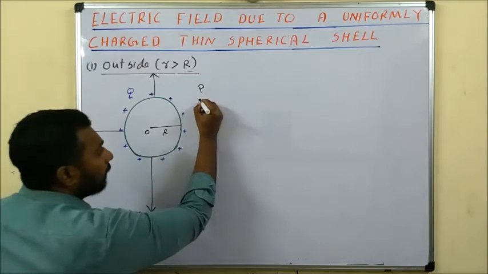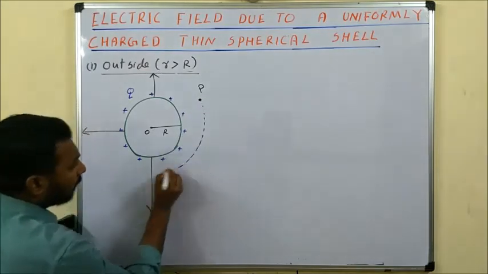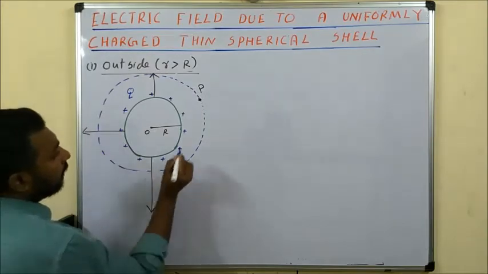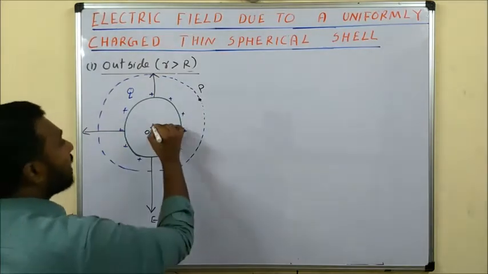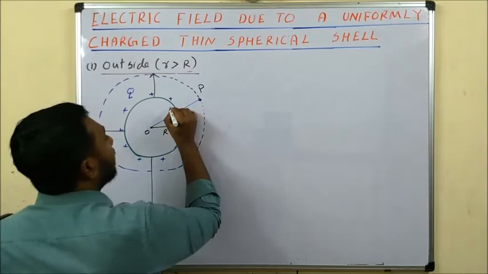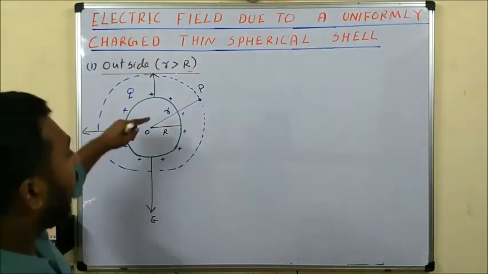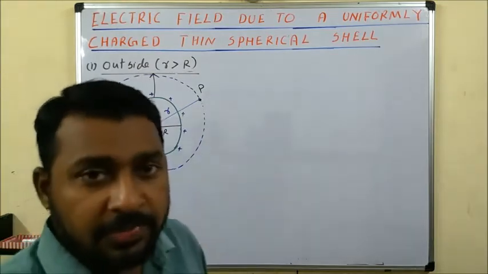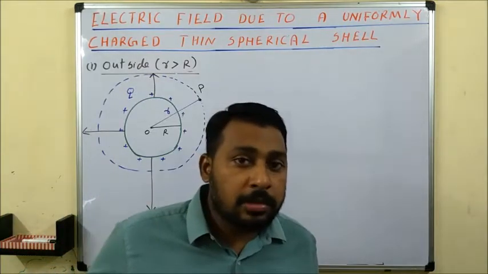This dotted line is the Gaussian surface, and its radius is r. So the point P is also a part of the Gaussian surface.